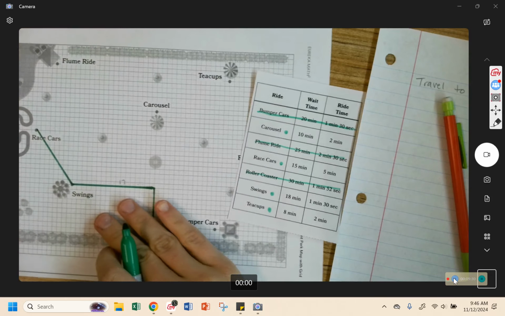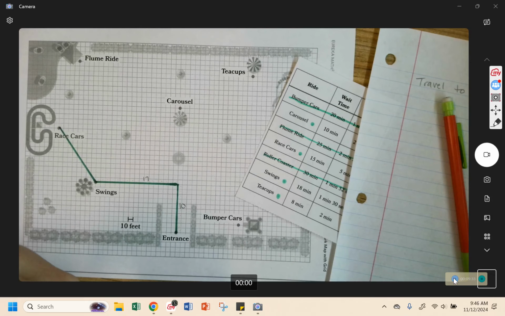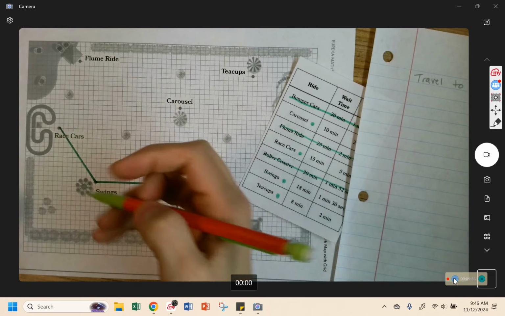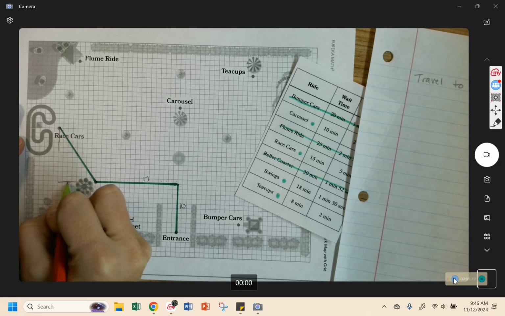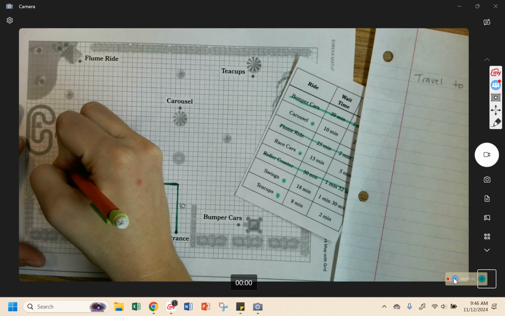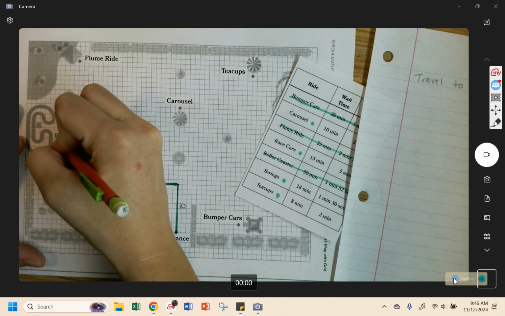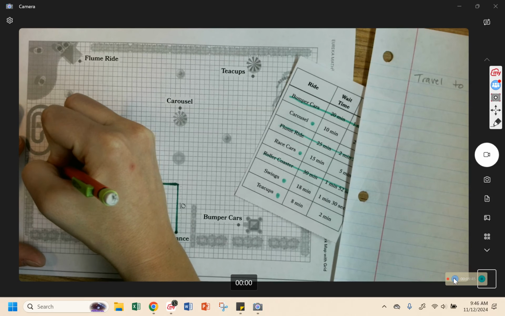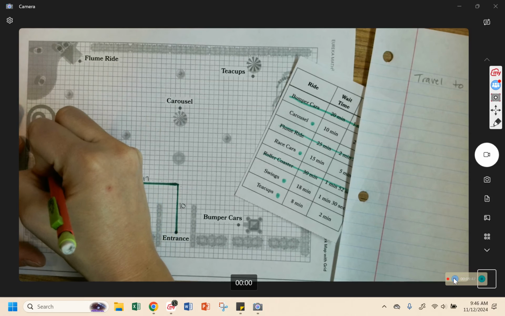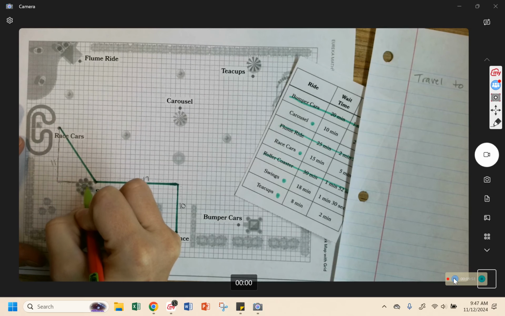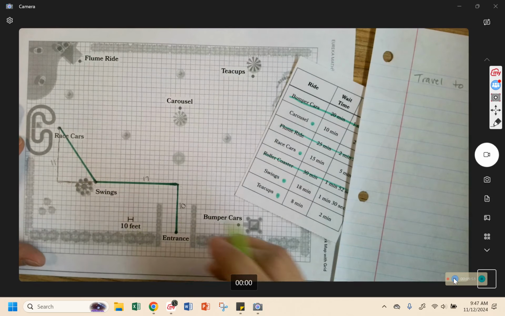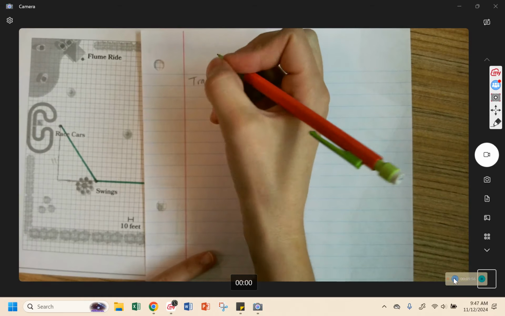But this is a diagonal, so I'm going to use Pythagorean theorem to help me figure out how long that diagonal is. Creating a right triangle here. This is 1, 2, 3, 4, 5, 6, 7, 8, 9, 10, 11 boxes. And 1, 2, 3, 4, 5, 6, 7, 8. So this is traveling to the race cars.